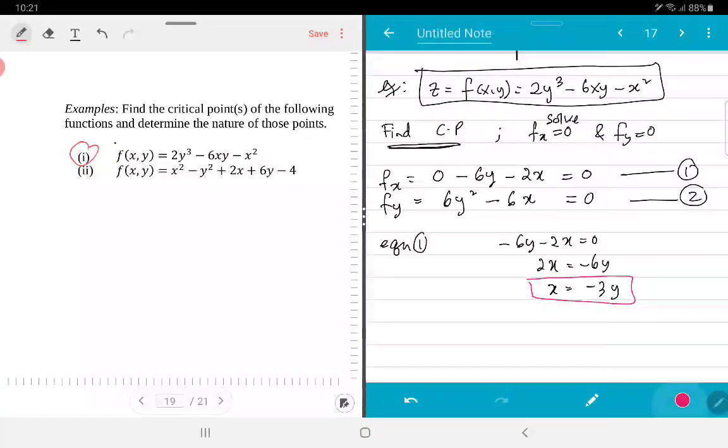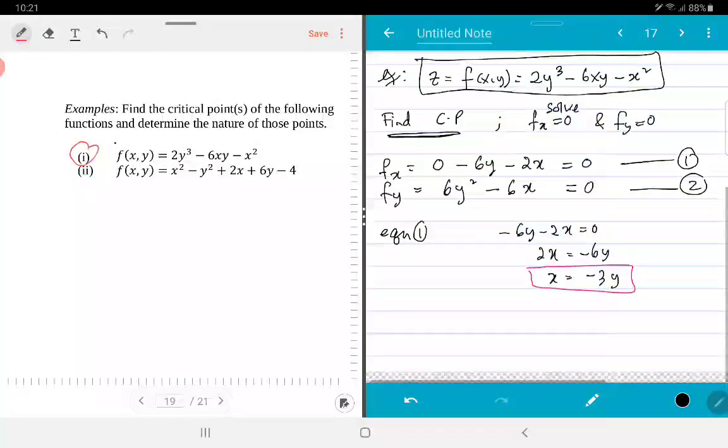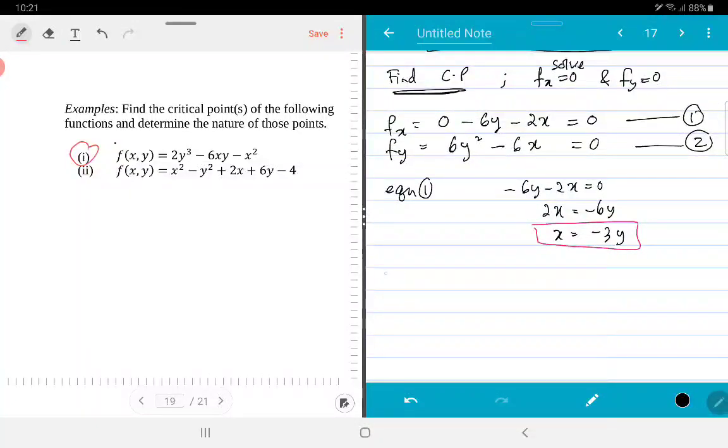This is what we obtained from equation 1, and now we're going to use that in equation 2. In equation 2, we have partial f partial y equals 6y squared minus 6x. That x will be replaced by negative 3y, which is what we obtained from solving equation 1.